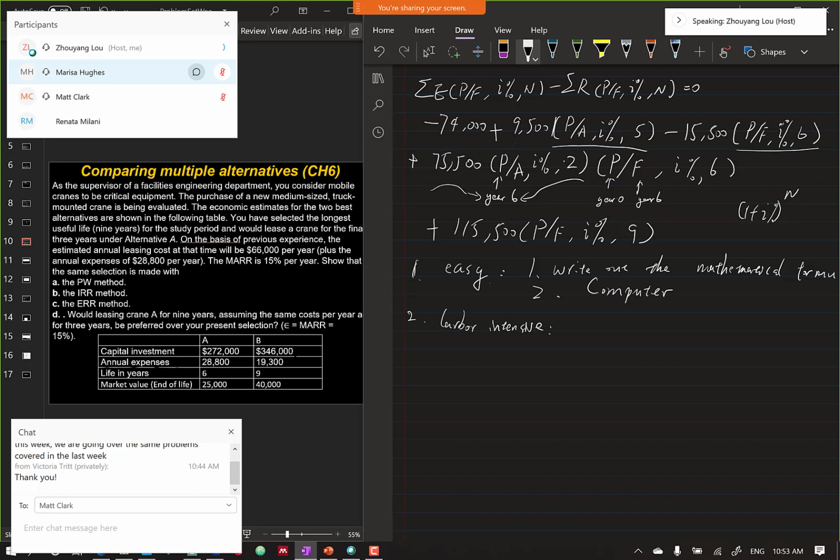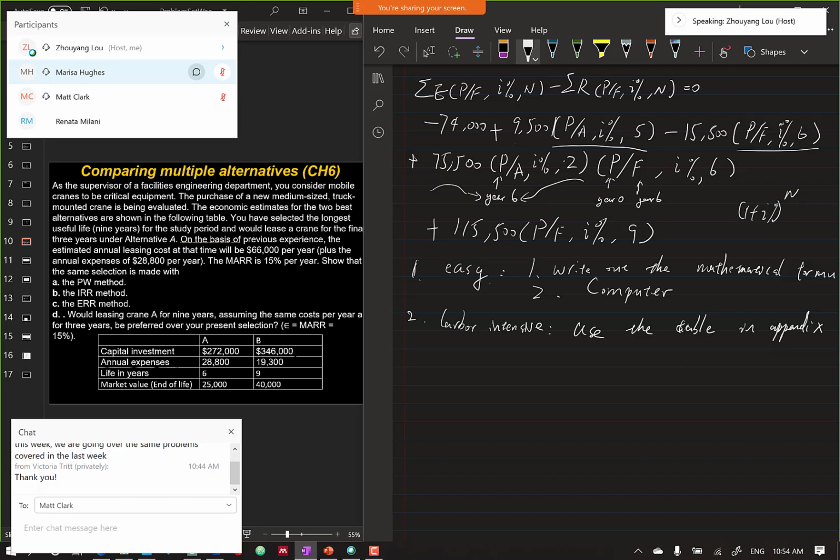Or the second way is you can use the table, the table in the appendix, and find the corresponding values for these factors, plug them in, and find which one makes this equation get closer to 0.